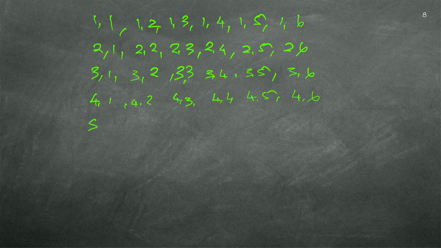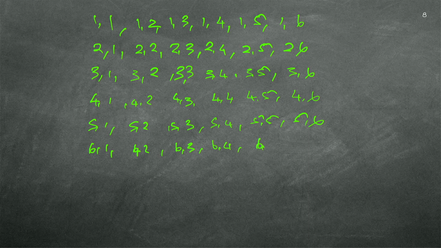It can be 5-1, 5-2, 5-3, 5-4, 5-5, and 5-6. And it can be 6-1, 6-2, 6-3, 6-4, 6-5, and 6-6. So the possible outcomes will be 6 times 6, and that will give us 36.